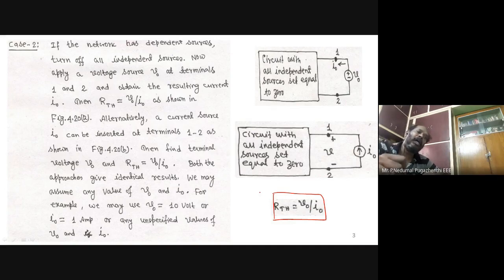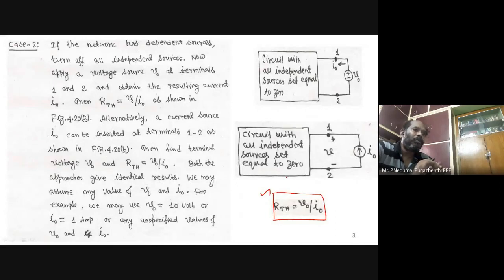So to find R Thevenin, this is the way, and for V Thevenin you keep your actual dependent source as it is and solve your network to find the open circuit voltage across the load or the terminal across which we want to find the equivalent Thevenin's circuit.